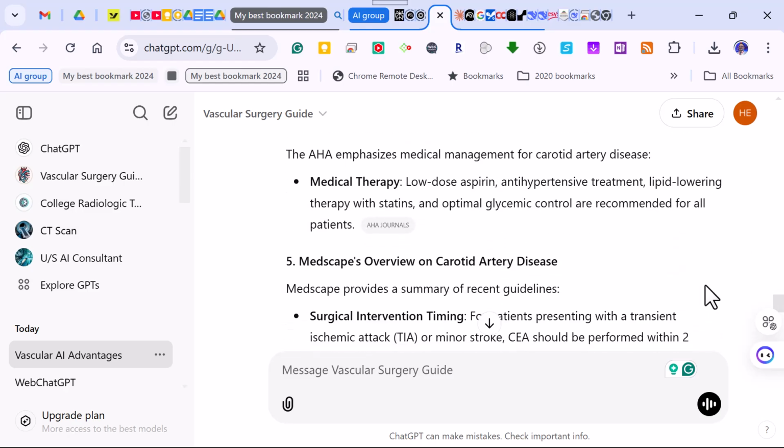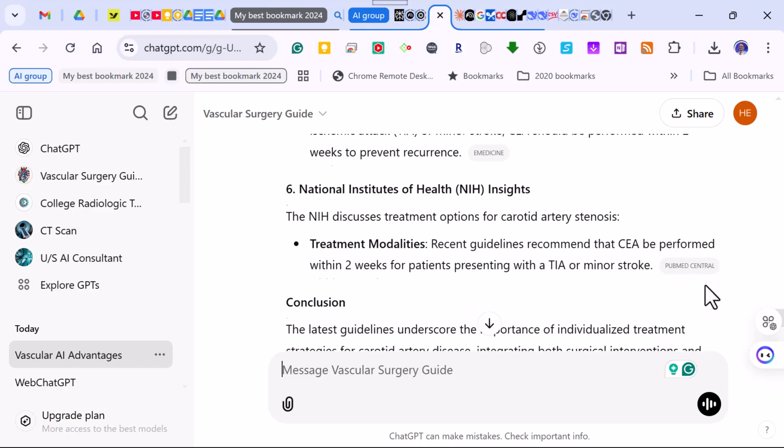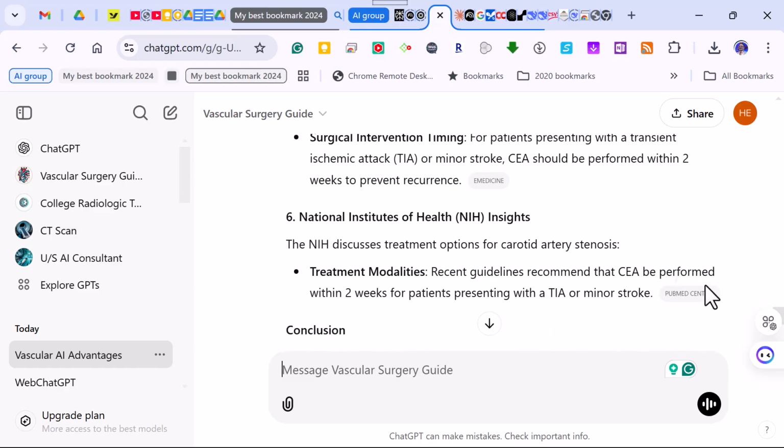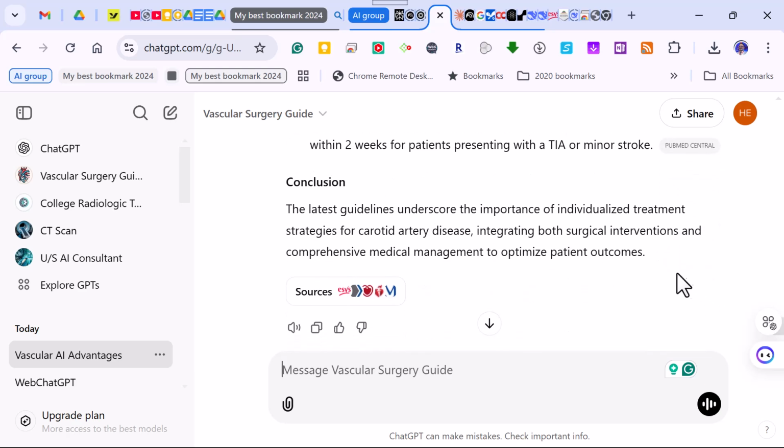AHA guidelines for the carotid, and he actually got me 6 of the most recent carotid guidelines, and it's a beauty. And not only this, but it will give you source of information. So here is ESCVS guideline. Here is NIH. Here is American Heart Association and Medscape. And you can see these are the sources, and these are very good sources.